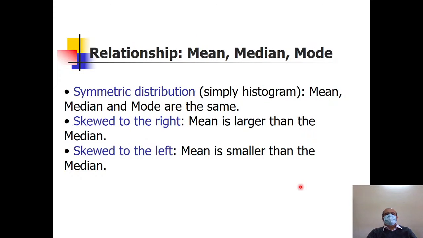If the data is skewed to the right side, the mean is larger than the median. And if it is skewed on the left side, the mean is smaller than the median.